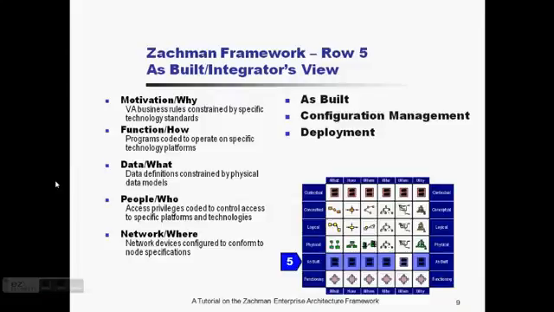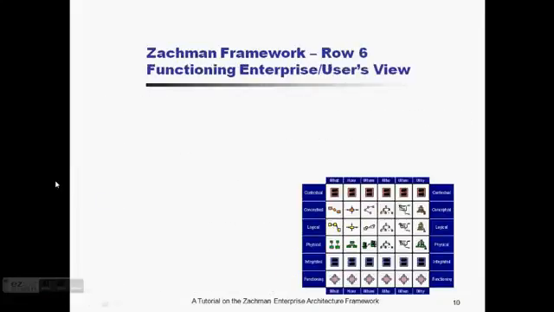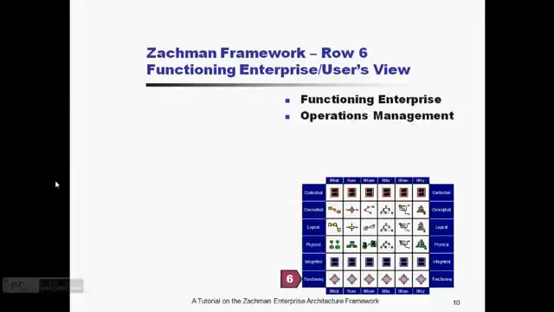And of course the timing is the definition of coded sequences of activities, exactly one after another. Row 6 is not really a separate model by itself. It is basically what we've built, the functioning enterprise, the operations management, evaluation.